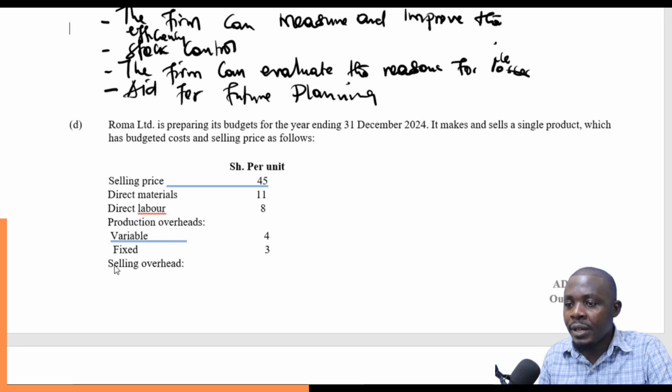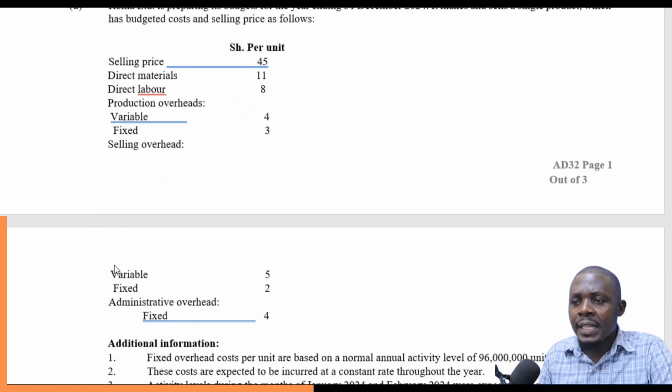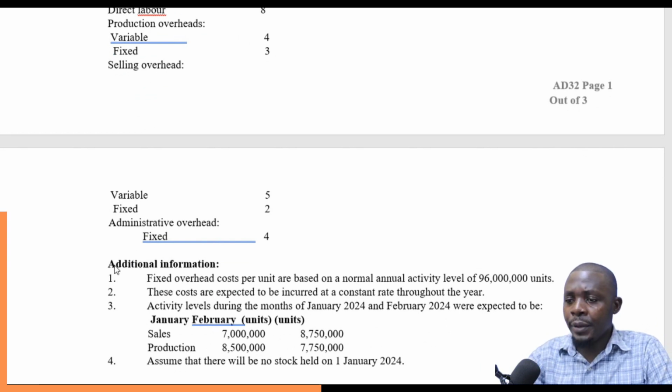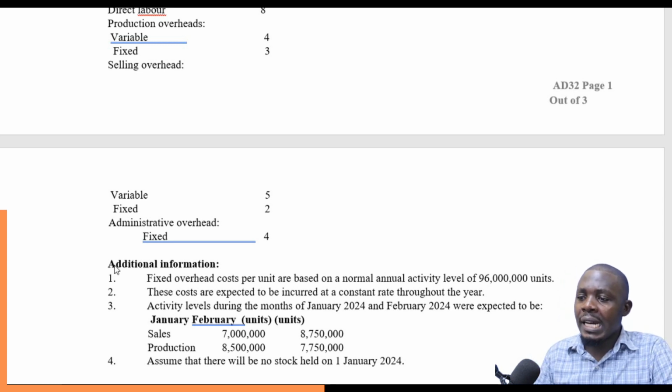Production overhead, we have variable and fixed, that is 4 and 3 respectively. Selling overheads, variable and fixed, 5 and 2. Then we have administrative overhead, which is 4.